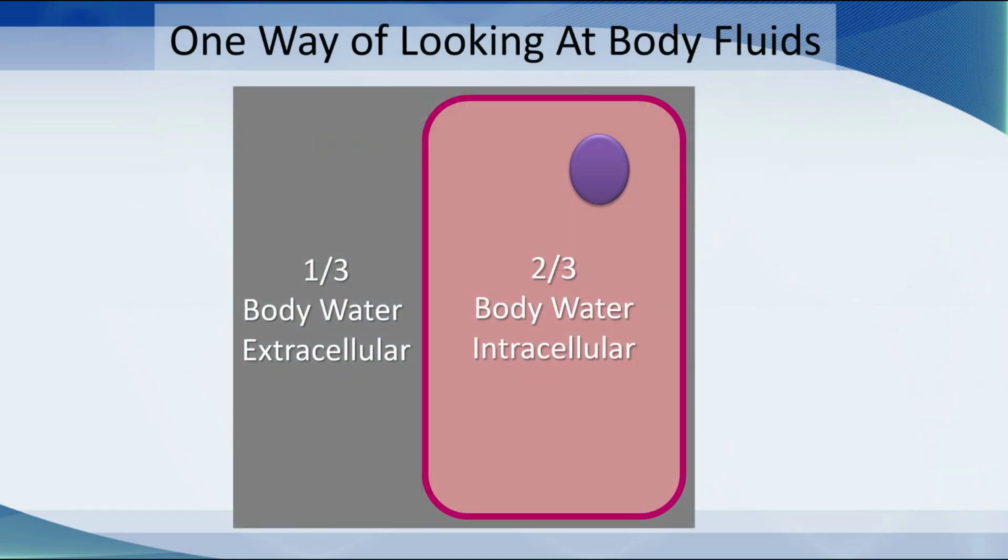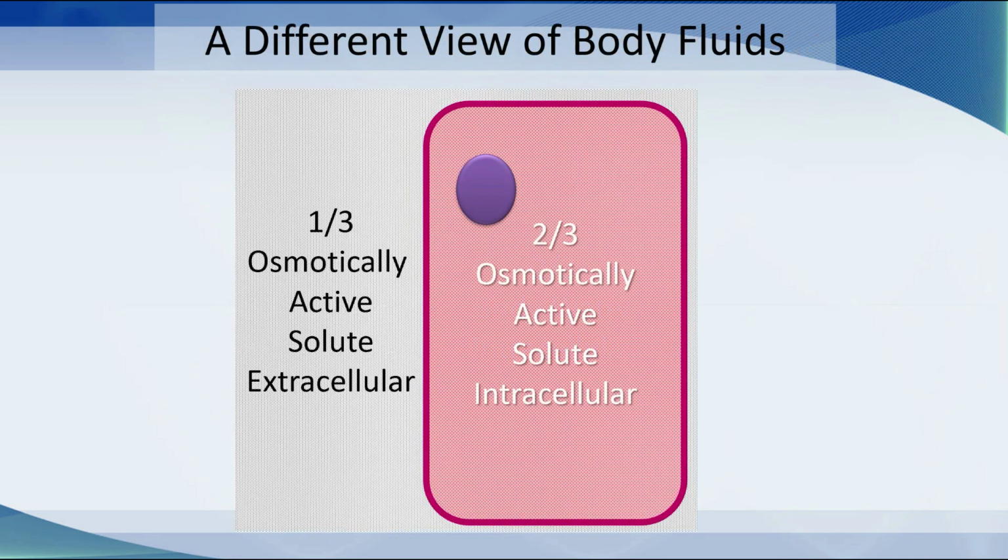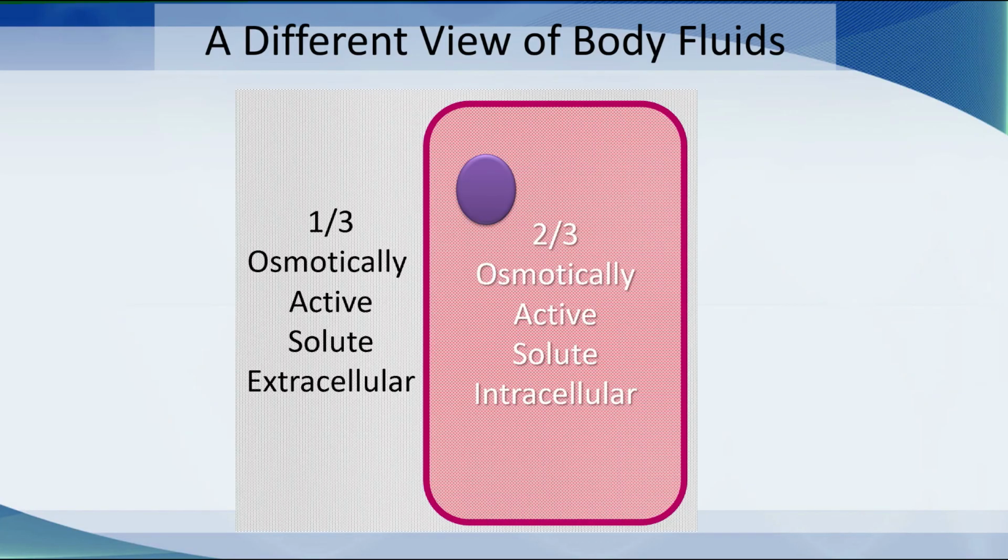One way of looking at body fluids is that 1/3 of body water is extracellular and 2/3 of body water is intracellular. But also 1/3 of osmotically active solute is extracellular and 2/3 of osmotically active solute is intracellular.